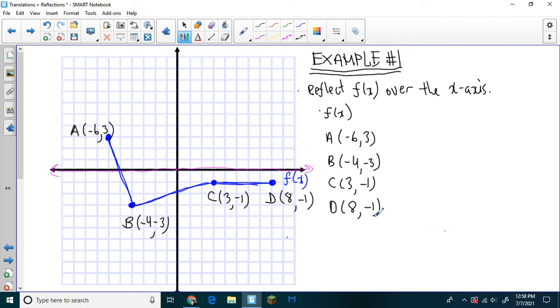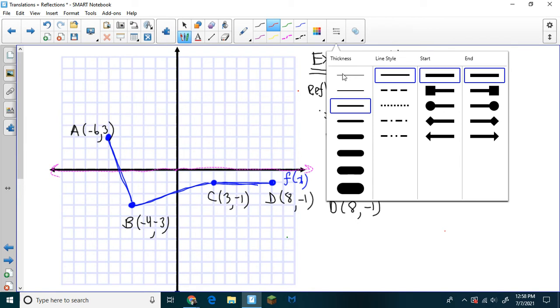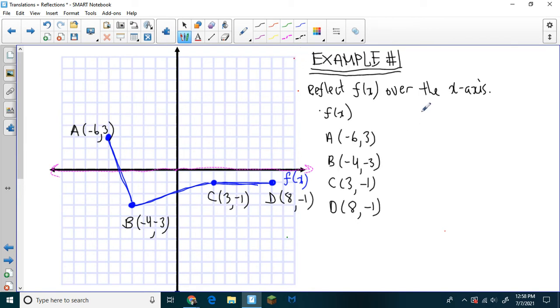So if these points were to flip or reflect over the x-axis, which coordinate would have to change? Well, think about it.